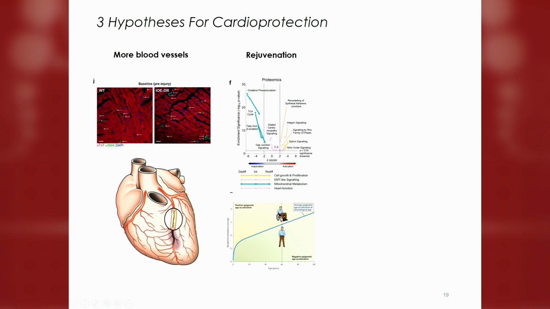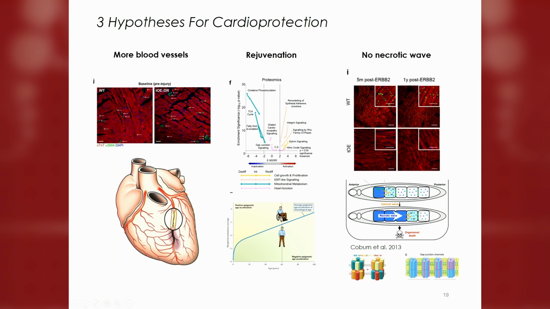We now have the heart of a young mouse instead of a heart of an adult mouse, which is more protected. Another cool idea would be that the lack of gap junctions allows for less spreading of the damage throughout the heart.